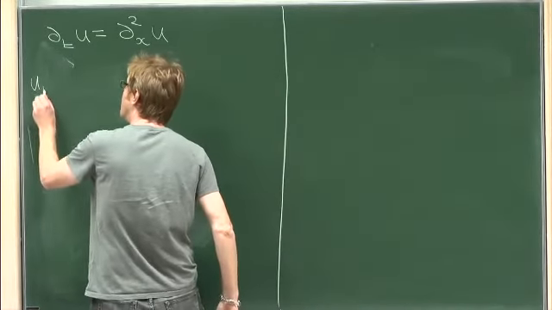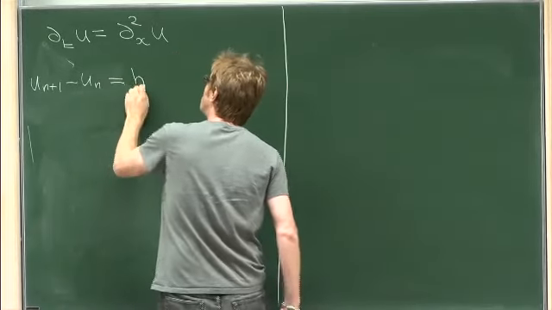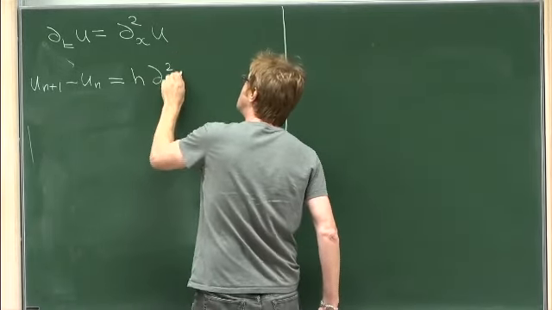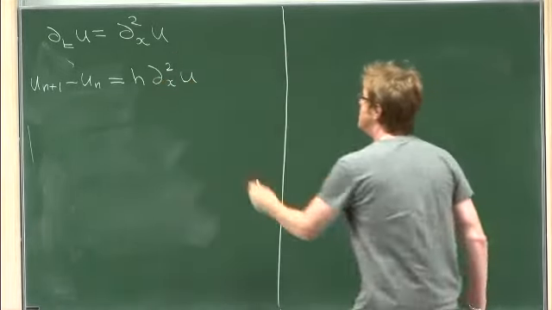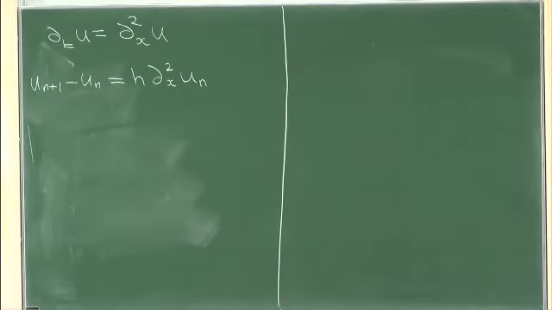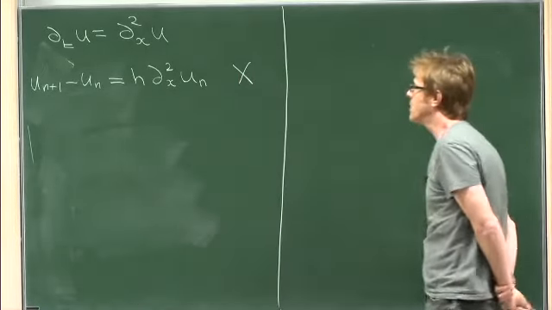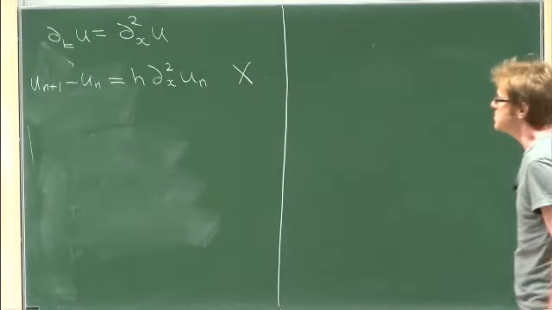And so I naively try and write down the explicit Euler method. That gives me this iteration, and that iteration is ill-posed. And so I can't even make sense of this iteration here on function space.